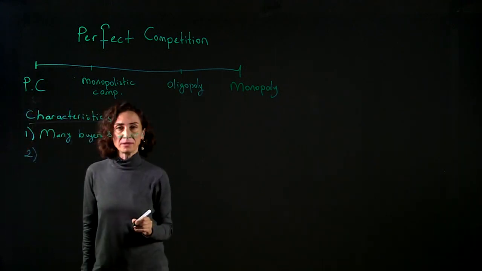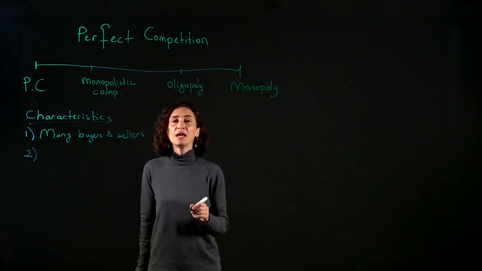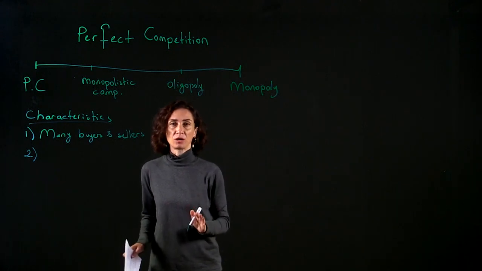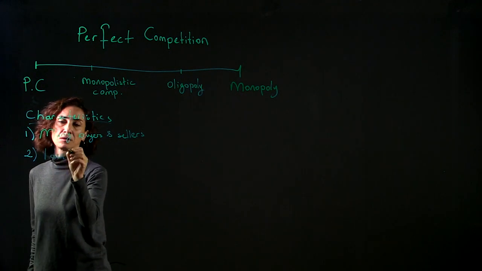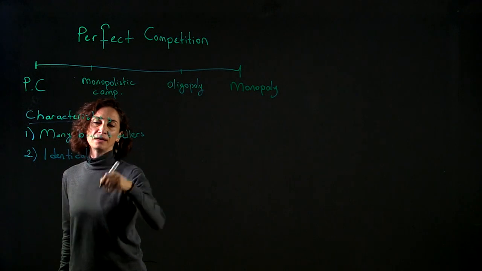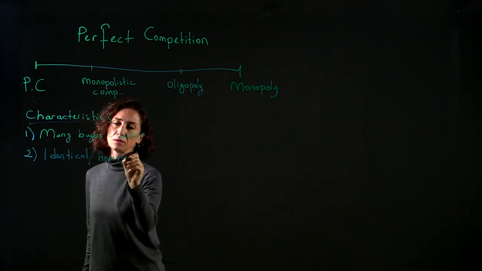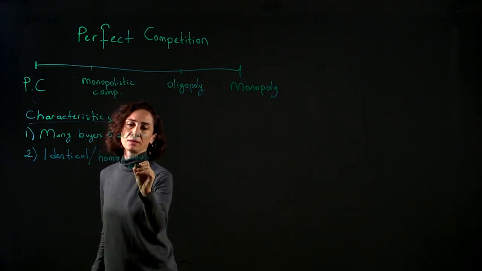in perfectly competitive markets, and this is a very restrictive assumption, we assume all sellers are selling an identical product, okay? Or we call this homogeneous products, okay?